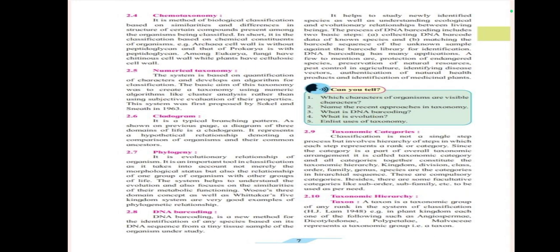In short, it is the classification based on chemical constituents of organisms. Example: in archaea, the cell wall is without peptidoglycan, and that of bacteria is with peptidoglycan. Among eukarya, fungi have a chitinous cell wall, while plants have a cellulosic cell wall.